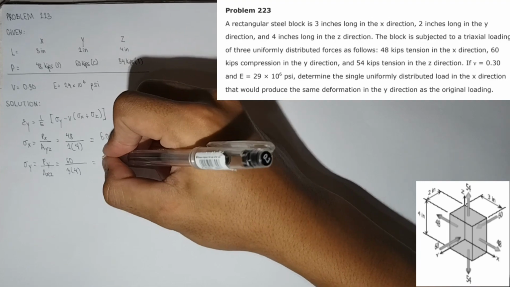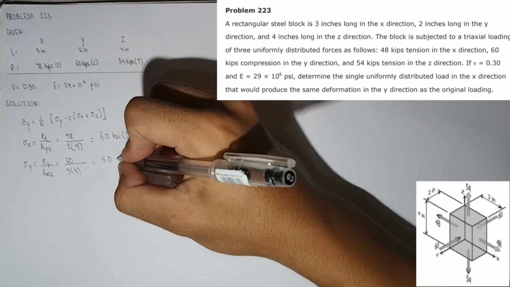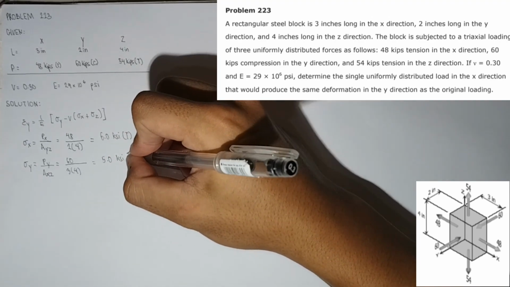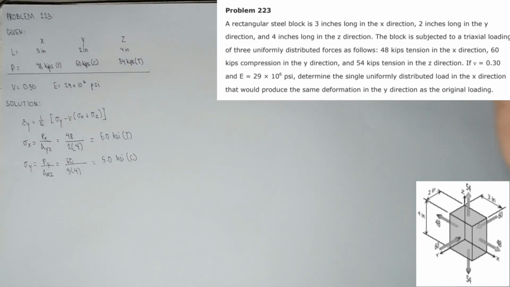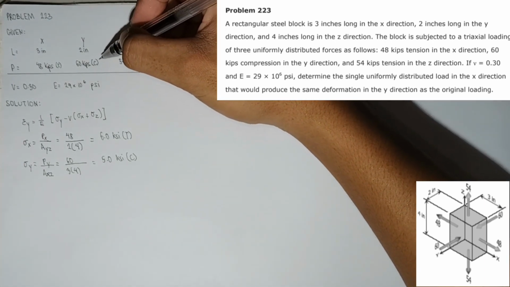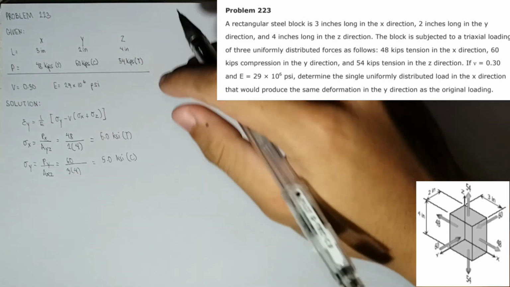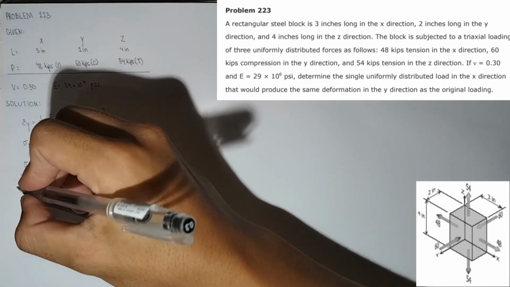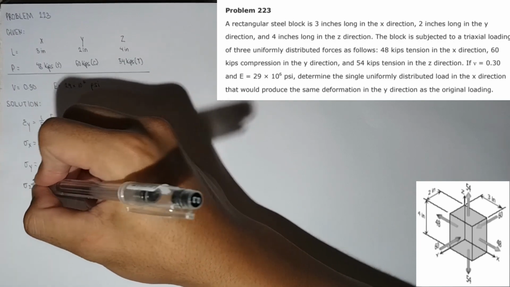So the answer would be 5.0 KSI and compression. That is compression, guys, because in the given, the 60 kips is a compressive force. So let's move to the stress in Z.